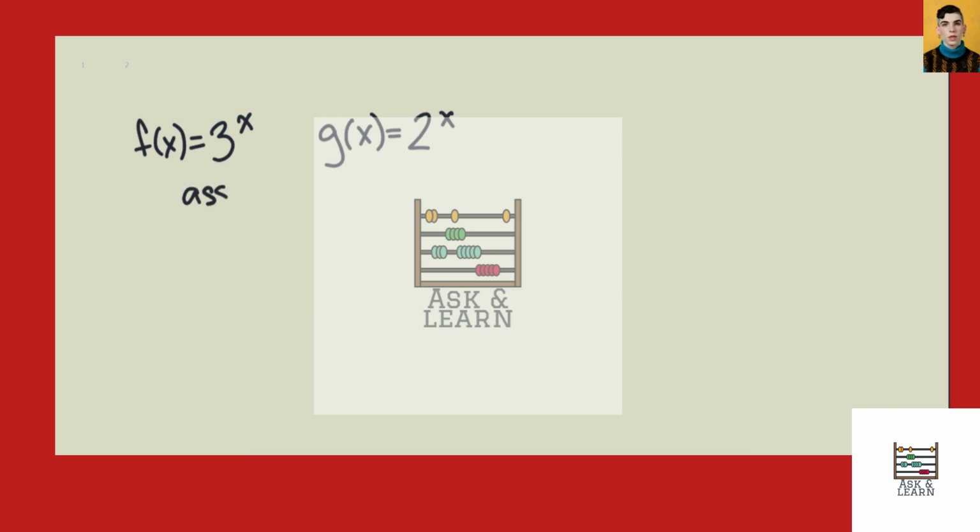So let's assume that f of x being equal to 3 to the power of x is big O of our g function, right? And then if we obtain a contradiction, we'll know it's not true.